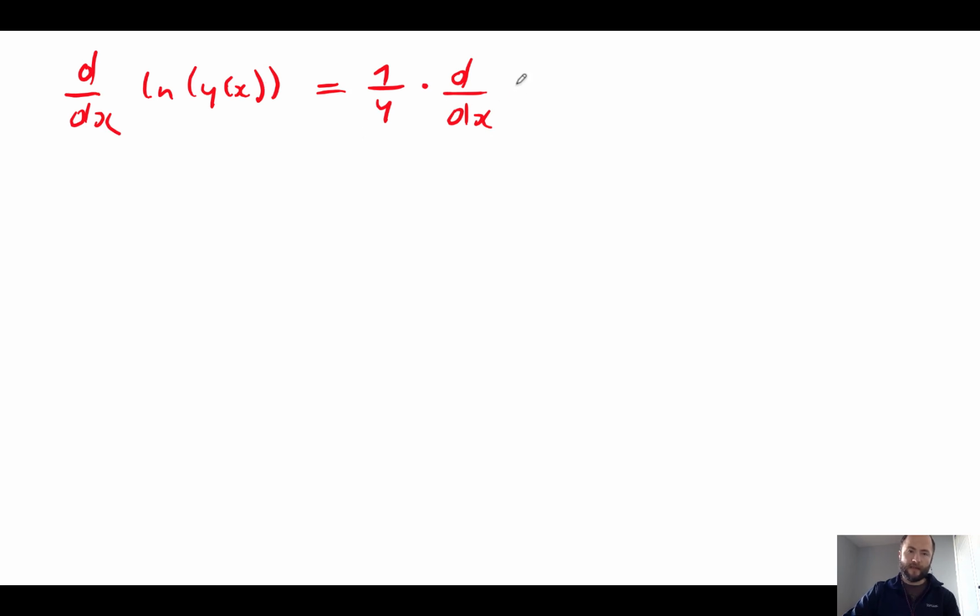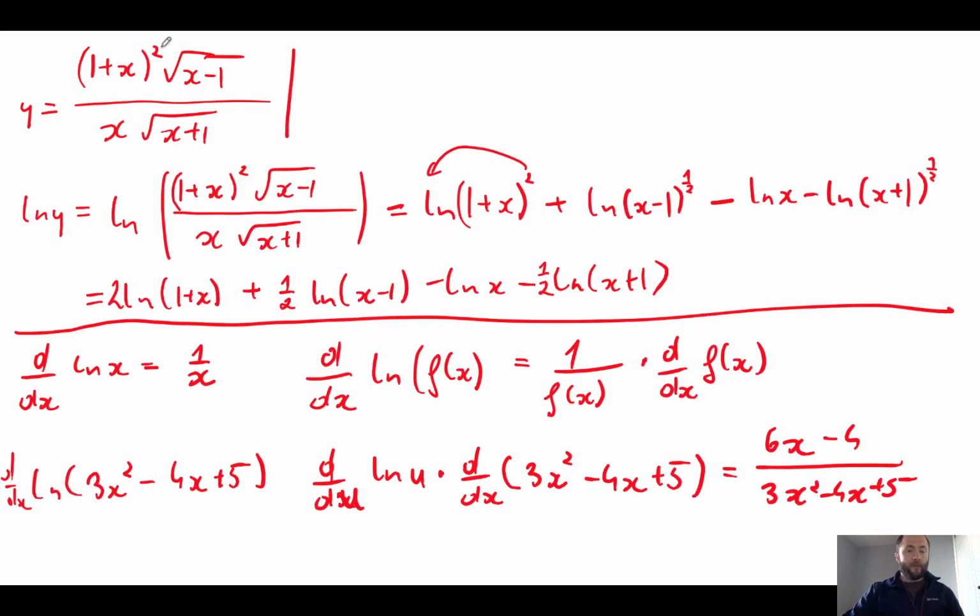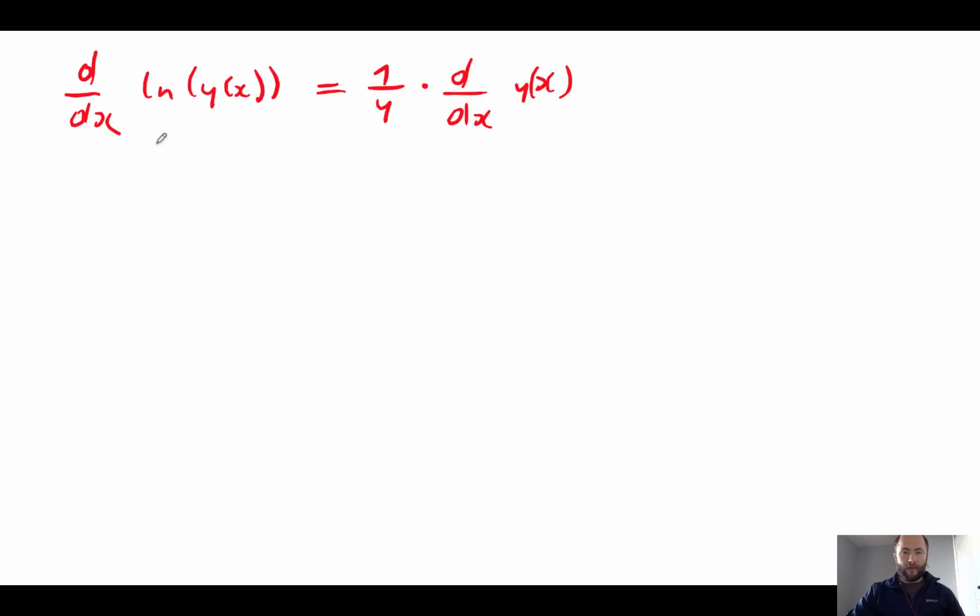So d/dx of ln y is 1 over y times dy/dx, which actually turns out to be very helpful for dealing with derivatives of functions like this function over here, where you have products and so on and so forth.